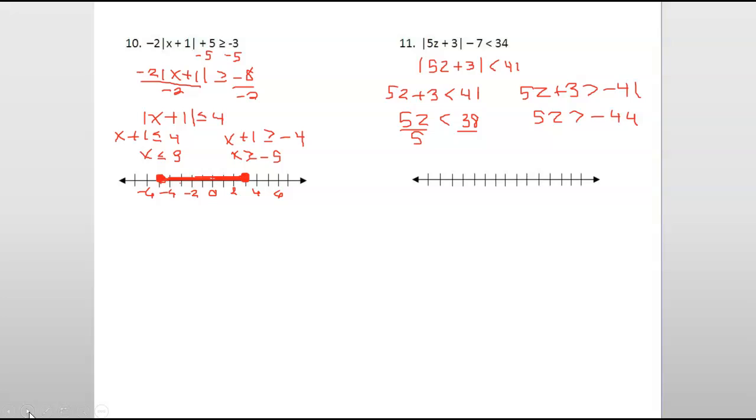Dividing by 5, we see that z lives between -44 divided by 5 and 38/5. So 38/5 is 7.6 and -44/5 is -8.8.